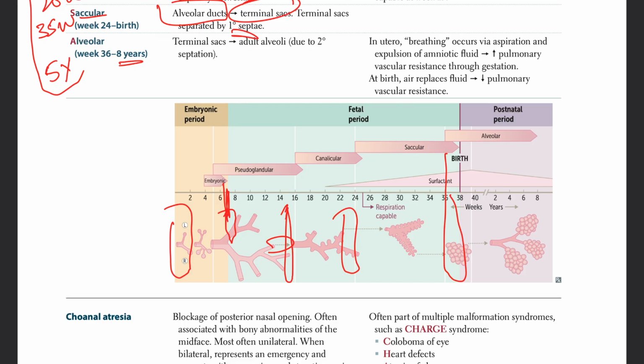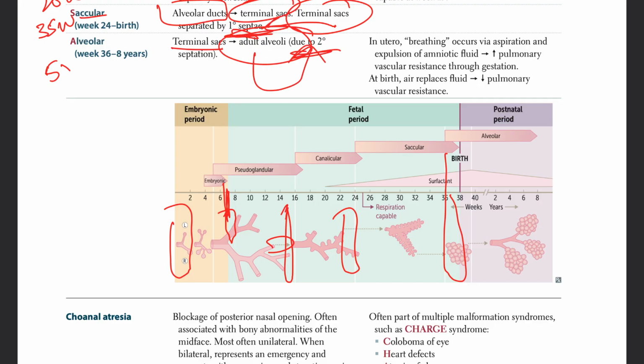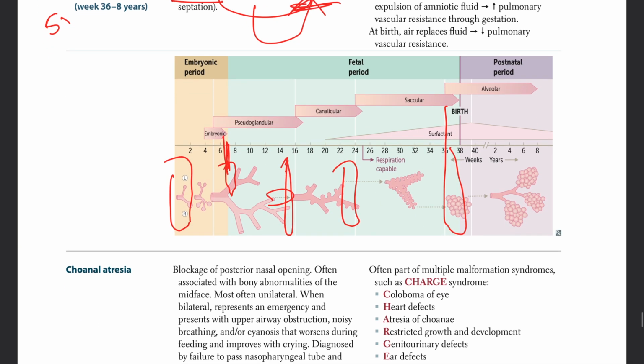The last one is the alveolar stage, which occurs right after birth until about 8 years. So this is way too many years, right? Eight years after birth. What are you making? Those terminal sacs are going to form adult alveoli. What's the difference between adult alveoli and terminal sacs? Terminal sacs are separated by primary septae, while the adult ones are separated by secondary septations, meaning they are going to further divide.